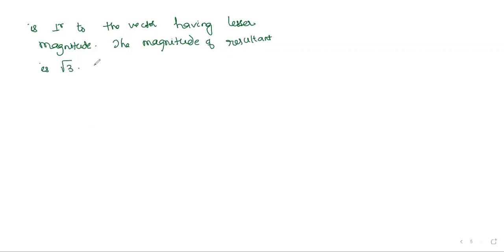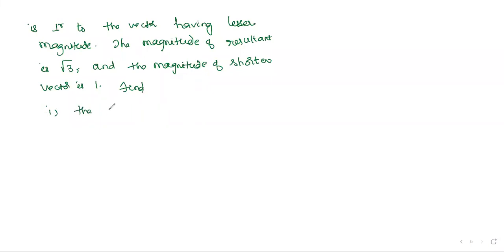And here I say, and the magnitude of the shorter vector is 1. Find number 1, the magnitude of the other vector, and number 2, the angle between the vectors.